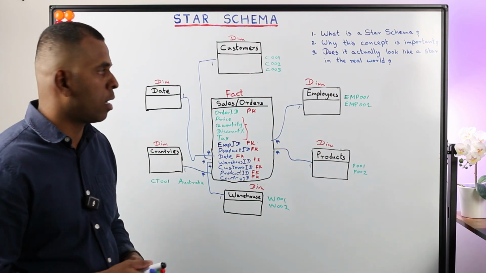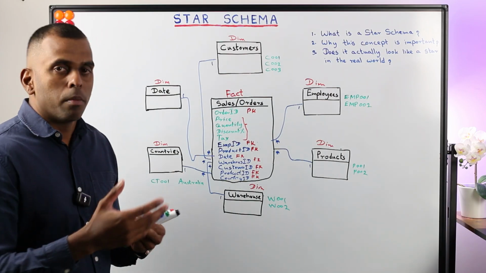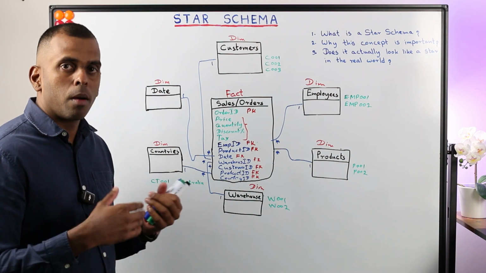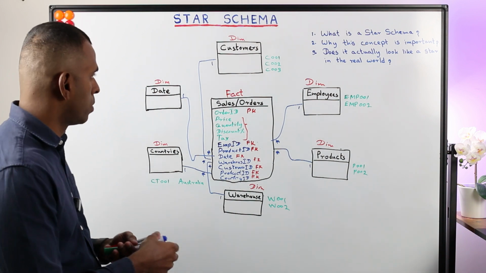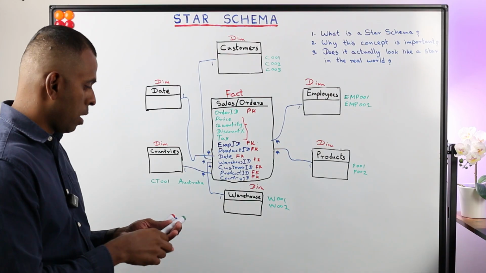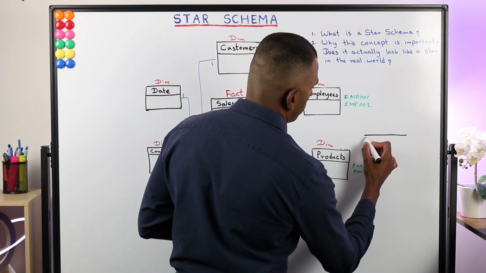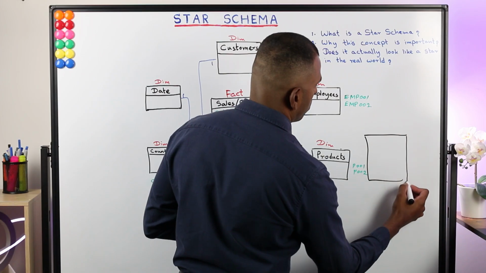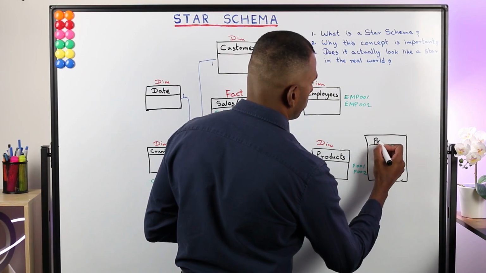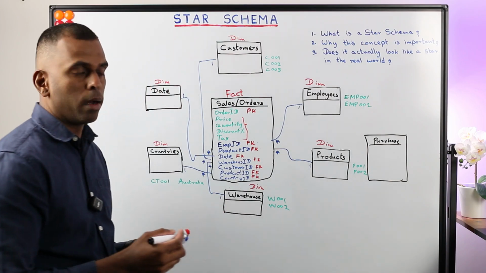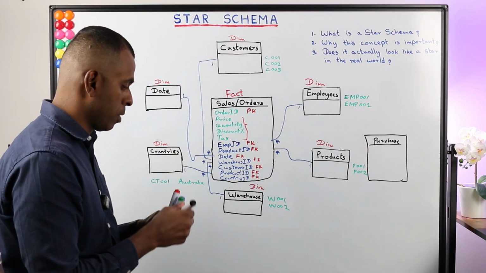In the real world, most of the time there is more than one fact table. For example, in this business they can have a purchase table, that is a fact table.